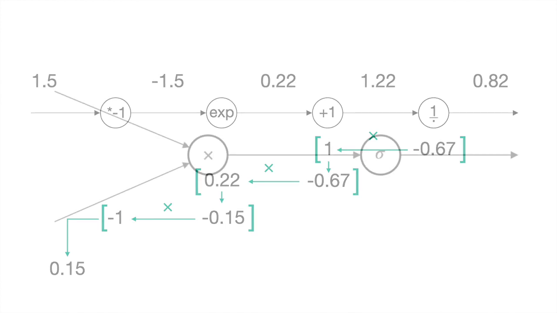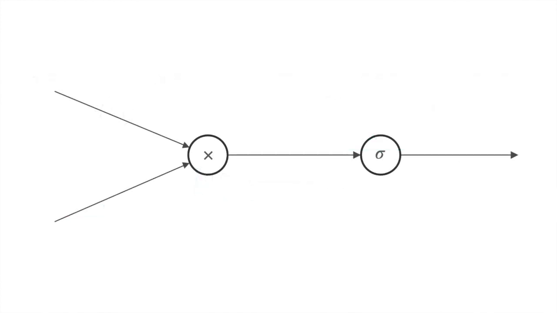Finally, looking at our graph with two different inputs and arbitrarily picking x equals -1.2 and w equals 0.3, we find the output of the multiplication is -0.36. The output of the sigmoid is about 0.41. We have an analytic gradient for the sigmoid function, so if we just apply that to -0.36, the input, we get the gradient at the sigmoid node is about 0.24.